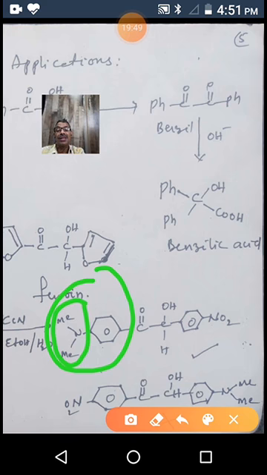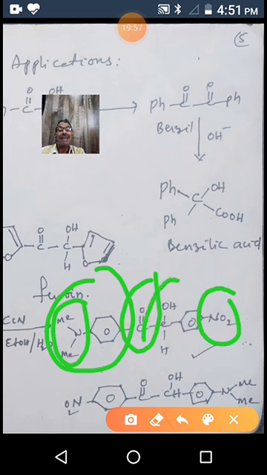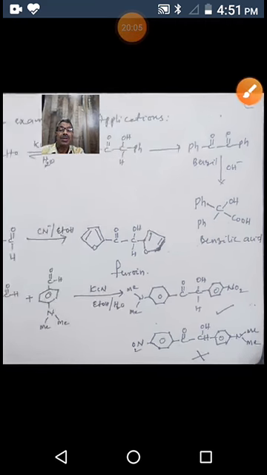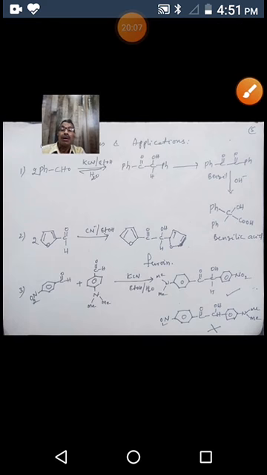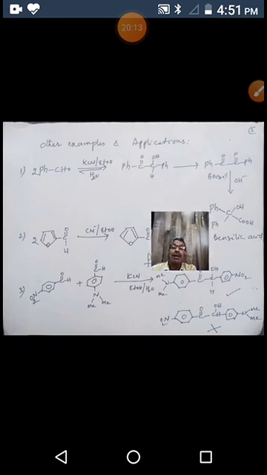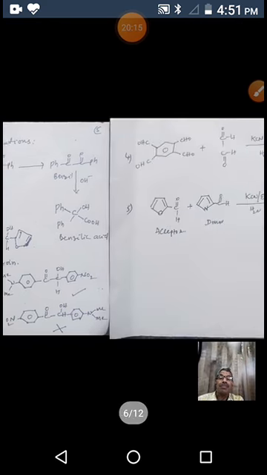That's why this compound becomes the ketone. And the aromatic aldehyde with the electron withdrawing nitro group acts as acceptor, and it converts into alcohol. So that's why only this compound is possible, and this compound is not possible in this reaction. So this is in the case of mixed aromatic aldehydes. So this is something about benzoin condensation.